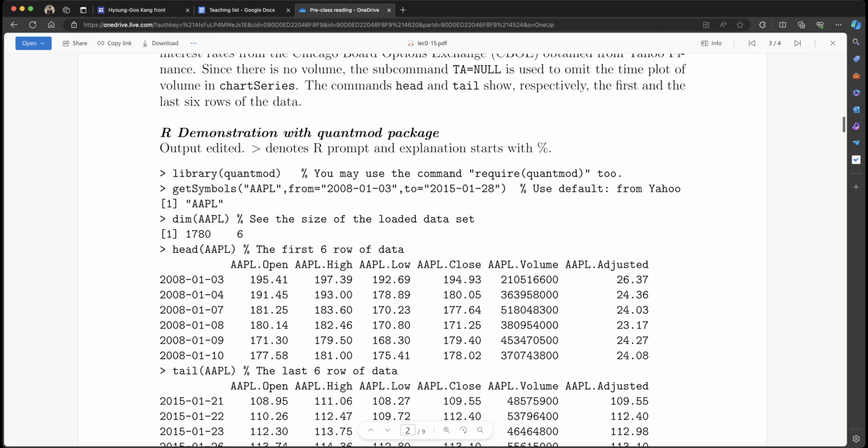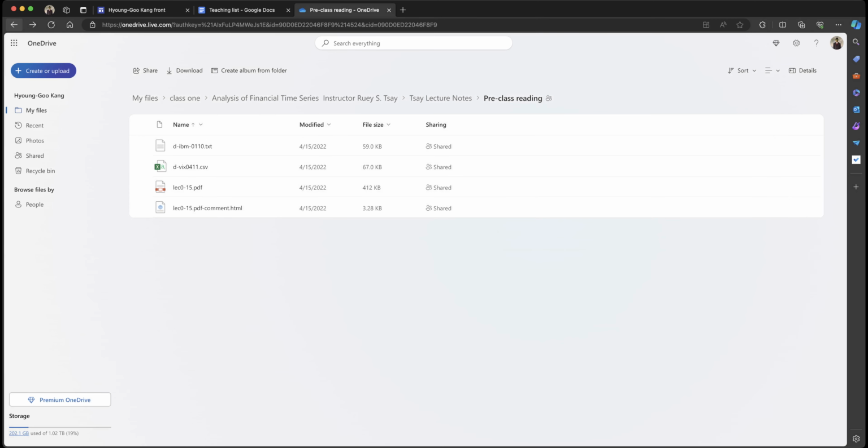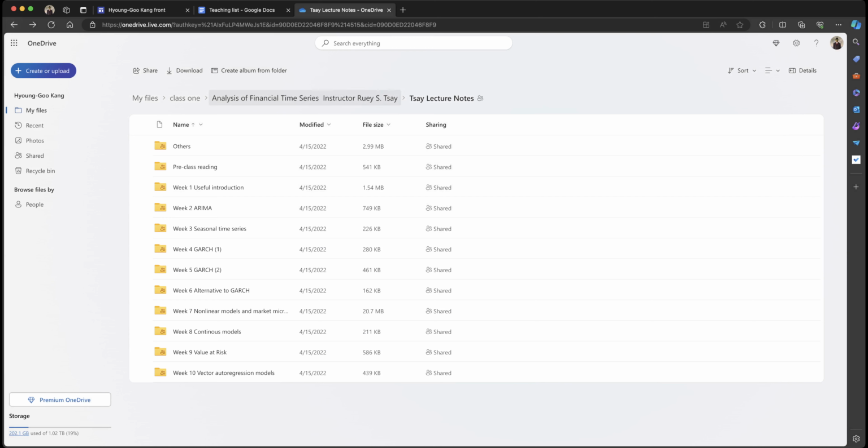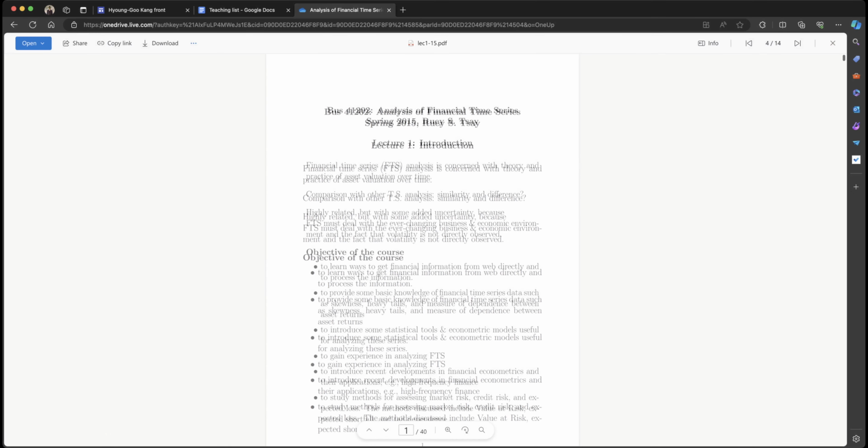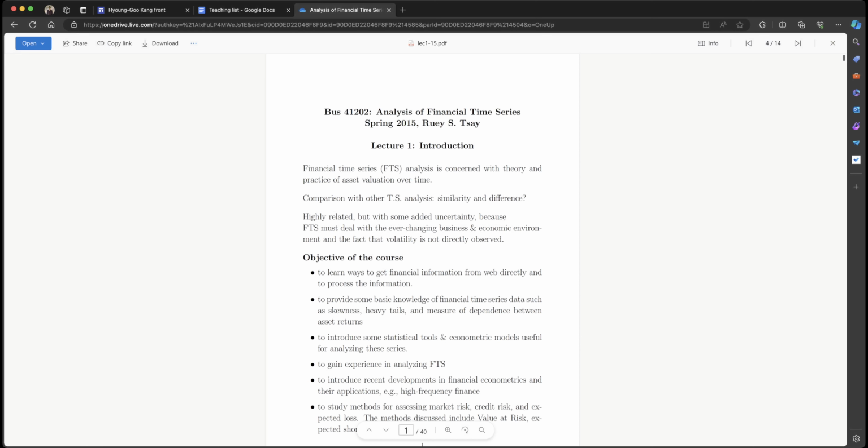Okay, so let's move on. About the lecture notes, you can click these one by one. I put the important lecture note outside in the root folder, so you can simply click the first one.